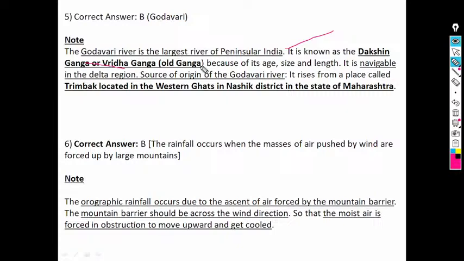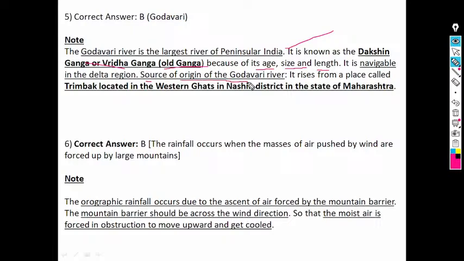Okay. Godavari, the largest in peninsular India, is also known as Dakshin Ganga or Buddha Ganga, Old Ganga, because of its size, age and strength. Then it is navigable in the deltaic region.